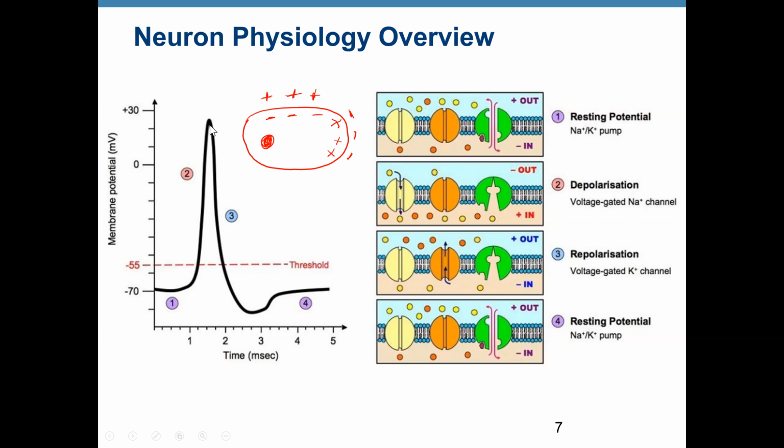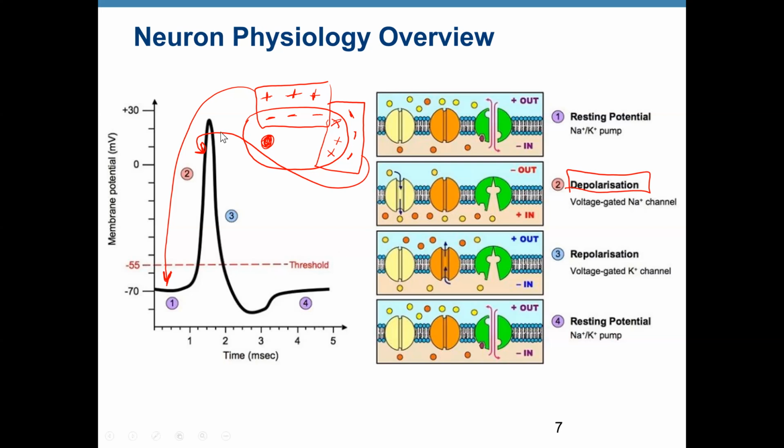Now look, inside the cell, it became negative again. So here's one part: the cell is polarized. Now when we flip the charges, this part is called depolarization.